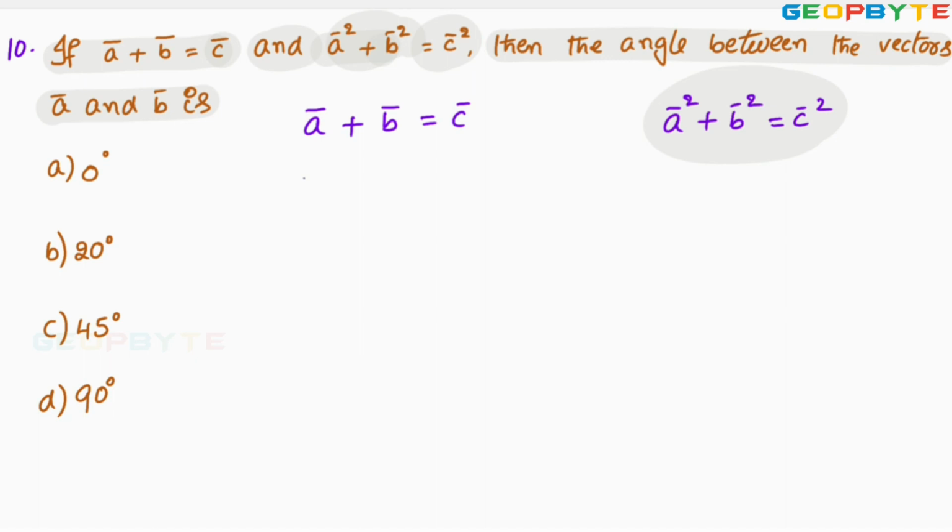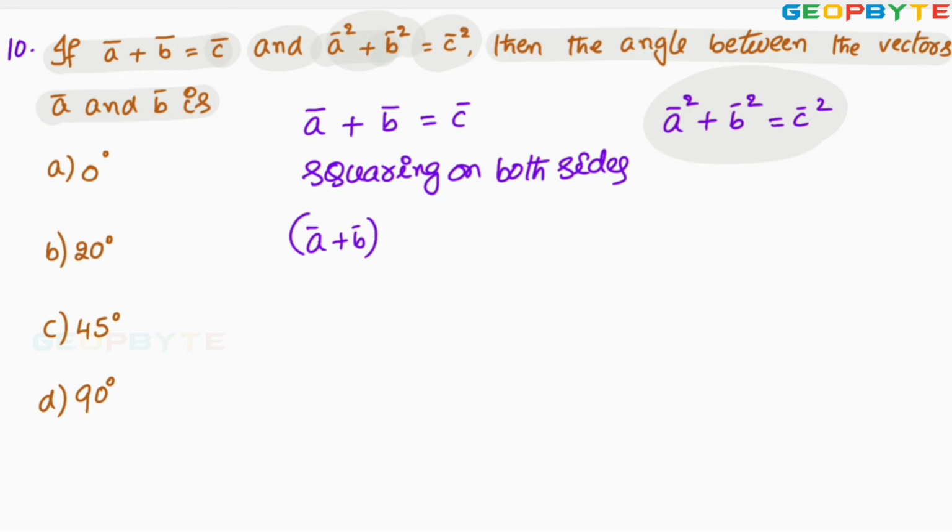Let us square on both sides. So it can be written as vector A plus vector B whole square equal to vector C whole square. So let us simplify it in the form of A plus B whole square. A square plus B square plus 2AB cos theta equal to C square.